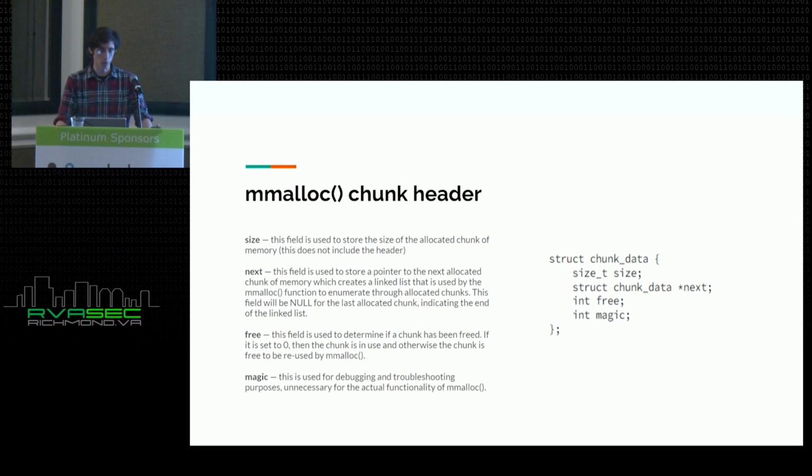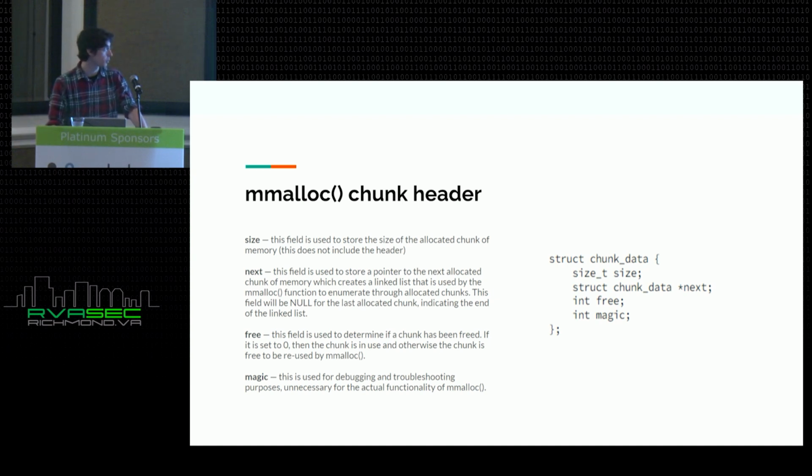So I mentioned earlier that our allocators will be dealing with inline metadata. What that essentially means is that the metadata about the area of memory that you're allocating is directly inline. It's a header that's located directly before the allocated bit of memory.